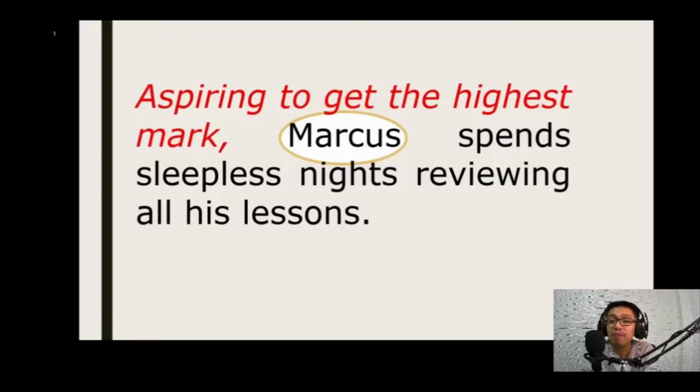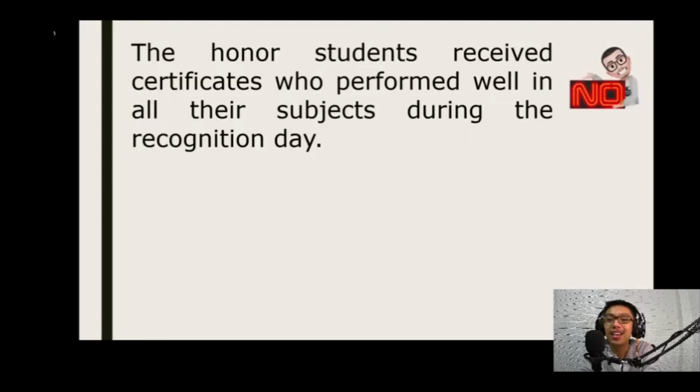You can also say Marcus, comma, who is aspiring to get the highest mark, comma, spends sleepless nights reviewing all his lessons. In that case, you added the word who, to make it a clause, and it will describe Marcus. That is also correct. But the easiest way to correct this sentence is the one that you see on the screen right now.